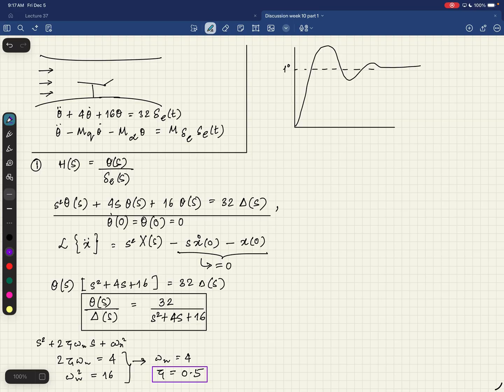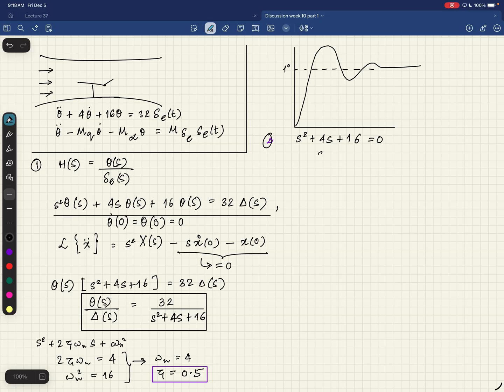The next part of the question says, based on the location of the poles in the S-plane, determine the stability of the system. Okay, so let's go ahead and do that. I'm not going to do the math, but all you need to do is take the denominator of the transfer function, set it equal to 0, and then find the roots.